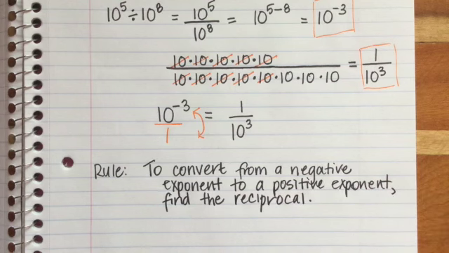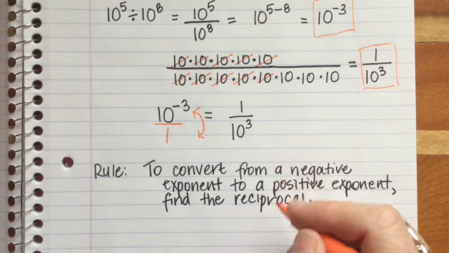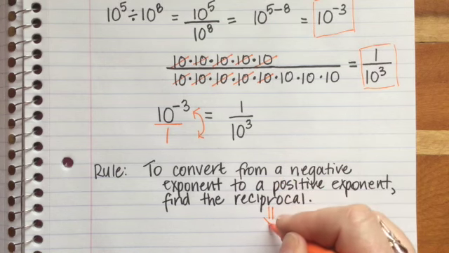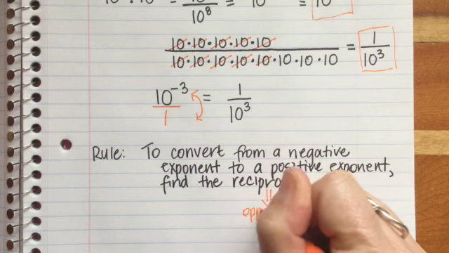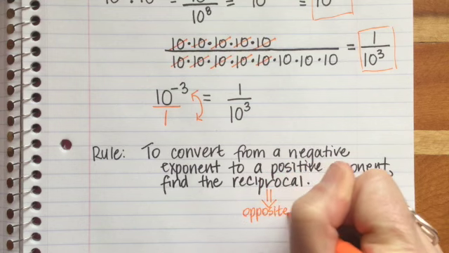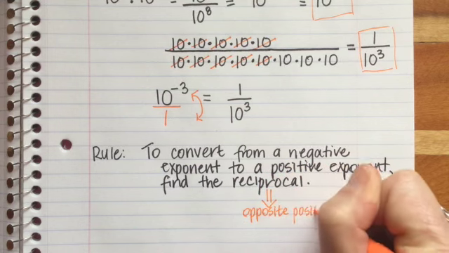Not a fun word to spell. Reciprocal. Reciprocal is just meaning opposite position. So if it's in the numerator, drop it in the denominator, and vice versa. So I'm actually going to write that down here because I'll forget that after the video. Reciprocal means opposite position, basically.